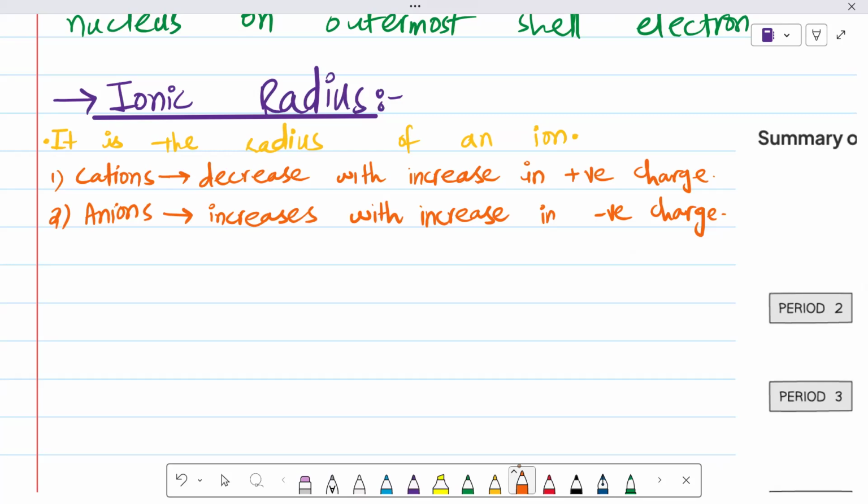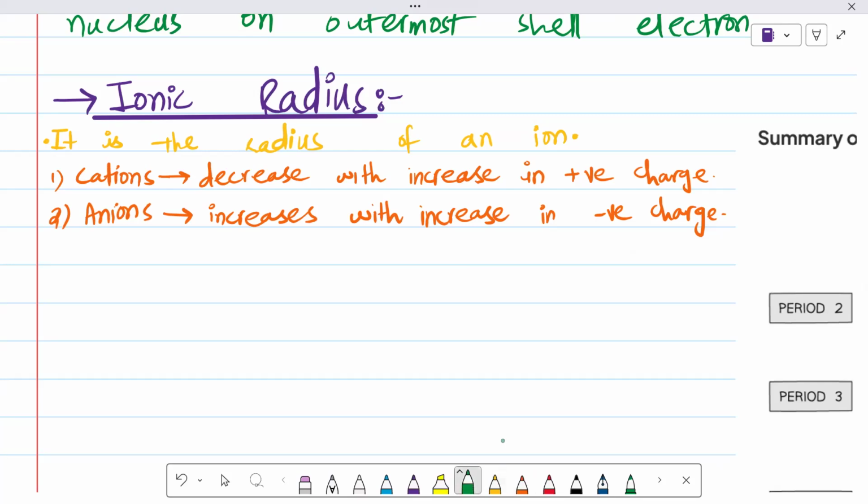When you add more electrons, there will be more repulsion between the electrons present in the different shells, isn't it? So what will happen now? The nuclear pull will be less, right? The nuclear attraction will be less, and this is how ionic radii will be more.